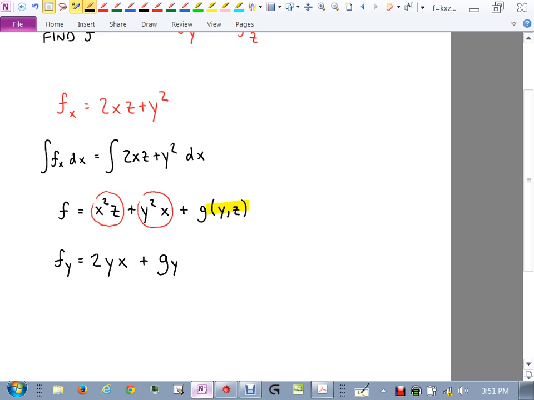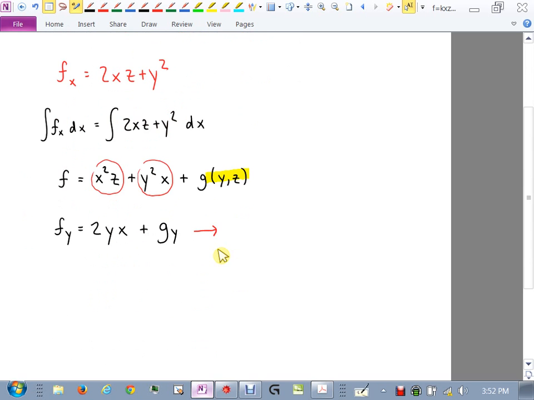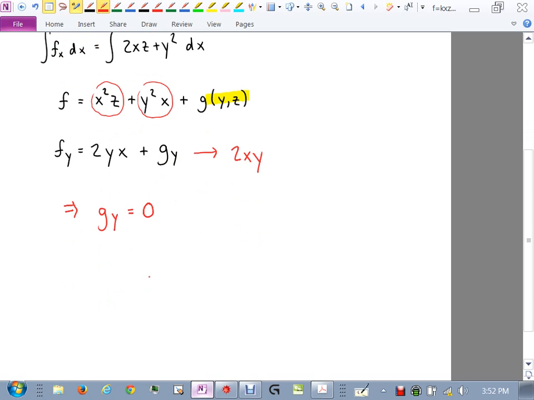So this is technically the right way for me to write the derivative of g with respect to only y. Okay, what do we do with this? Compare it to what we had up top. What did we have up top? We know that that has to be equal to what? From up here, 2xy, right? What does that mean? That means that g sub y, the partial, must be 0. Is that enough for you to tell me now what g is?